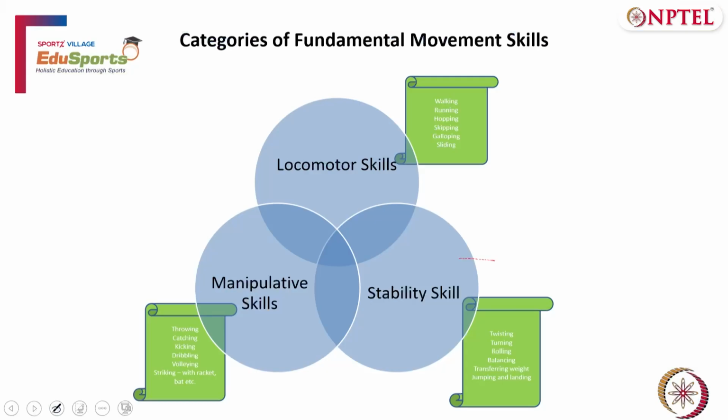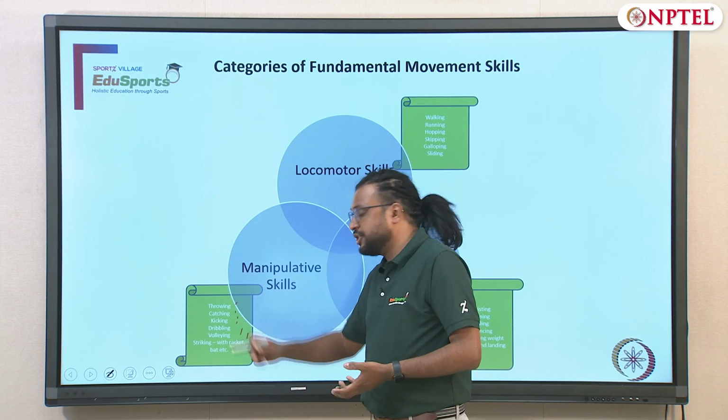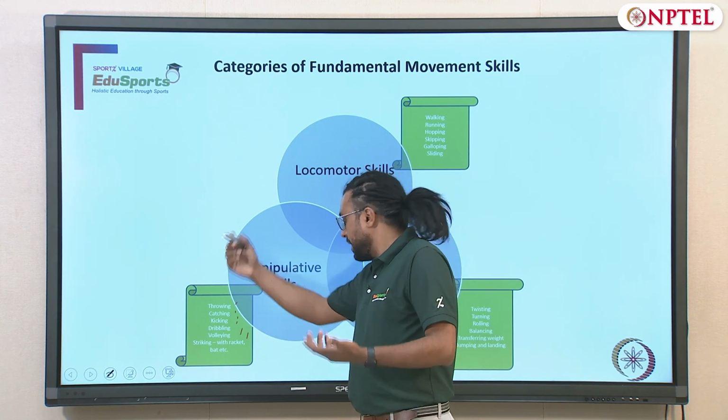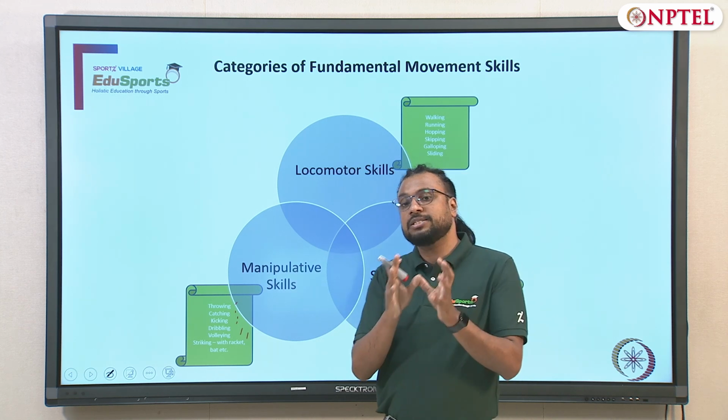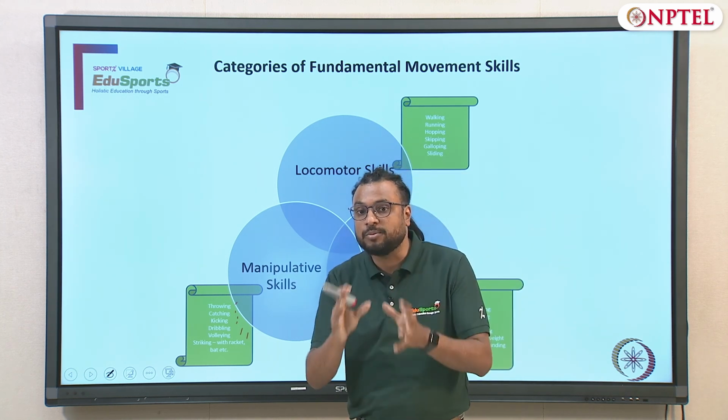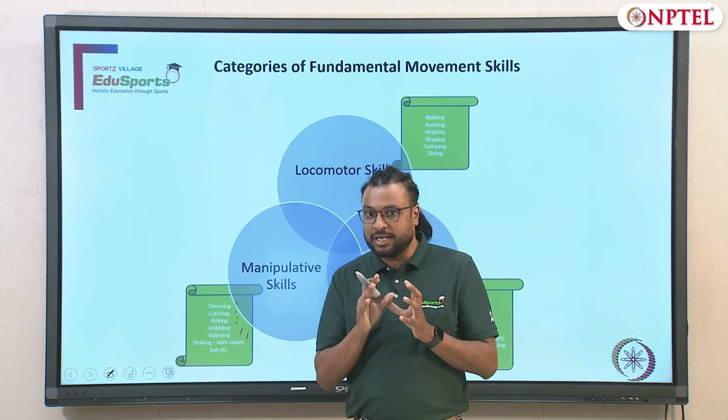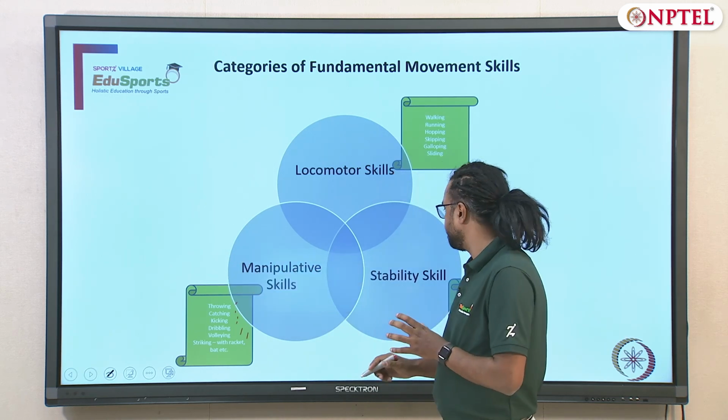For example, throwing, catching, kicking, dribbling, volleying, striking, anything with the bat, right. You throw a ball, you catch the ball, kicking. So, all these skills involve an object. So, anything you do with an object is a manipulative skill.